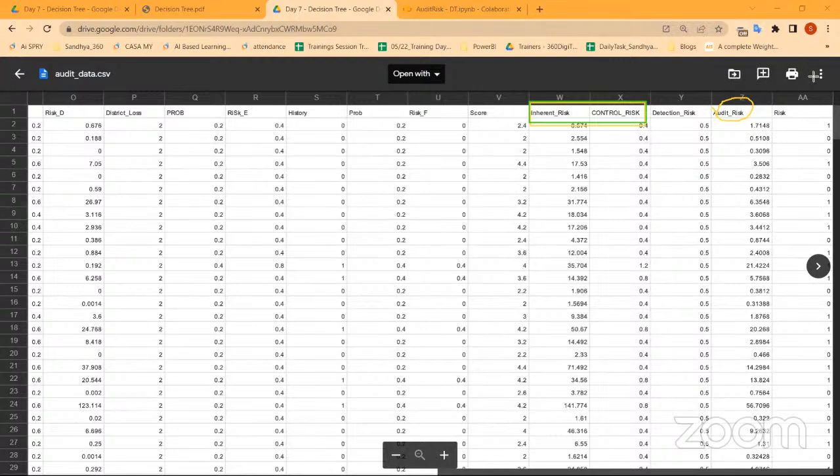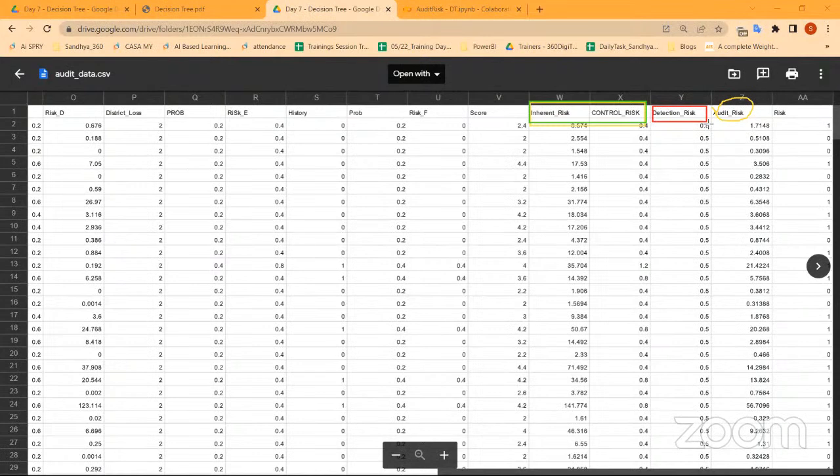Now, if we talk about the detection risk, it is the risk that the auditor's procedures do not detect a material misstatement. For example, an auditor needs to perform a physical count of the inventory and compare the results to the accounting records.